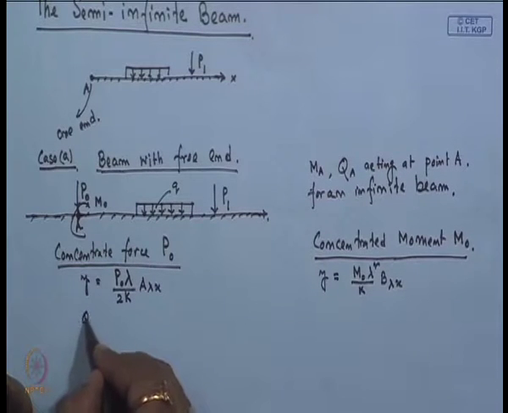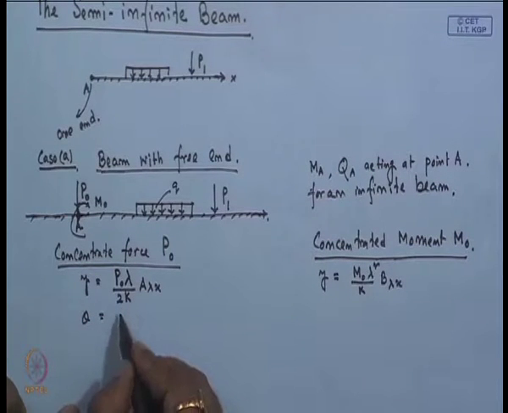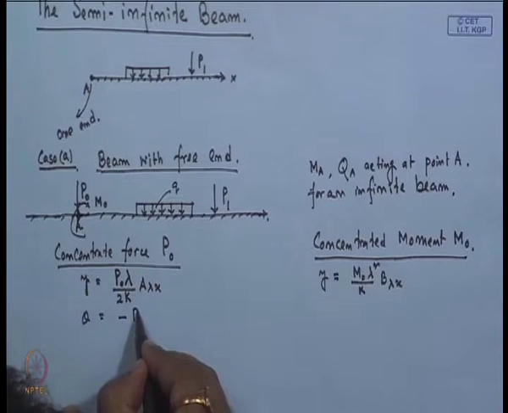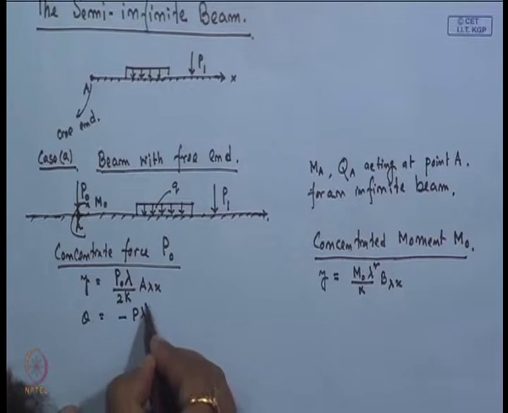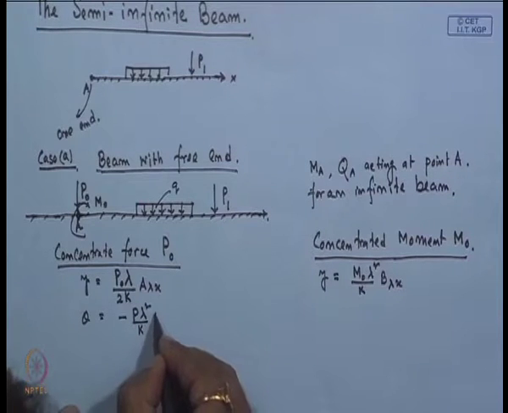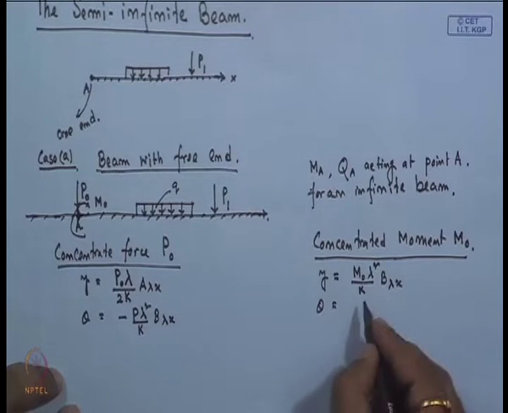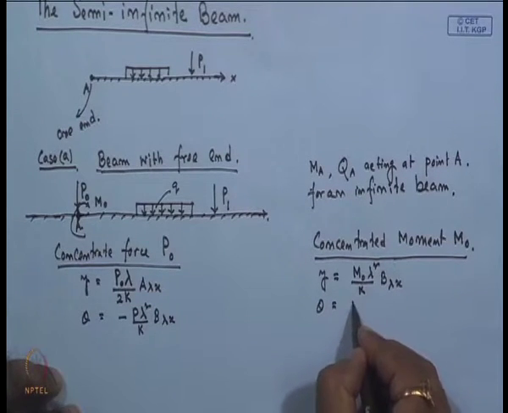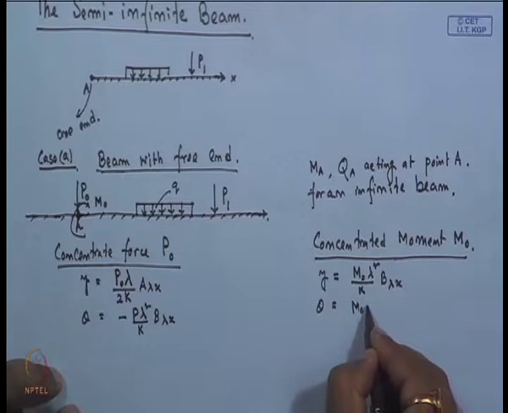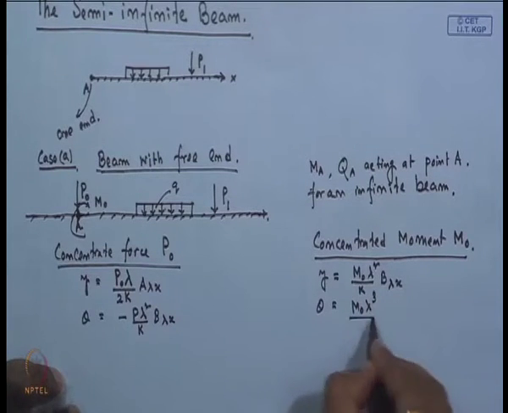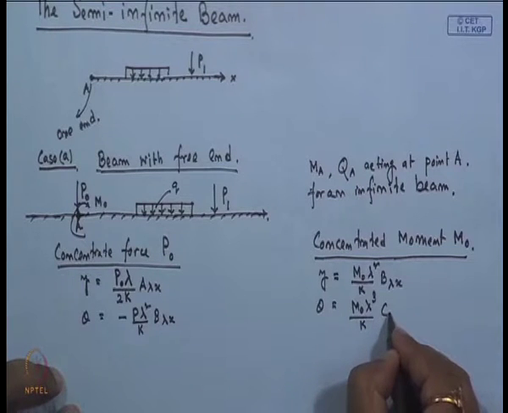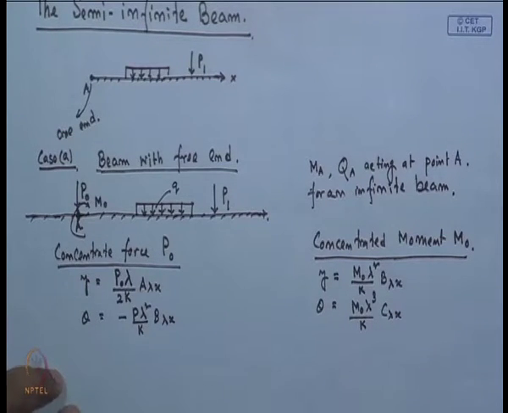Similarly, slope for concentrated moment will be minus P lambda square divided by k B lambda x. Slope for the concentrated moment will be m 0 lambda cube by k C lambda x.